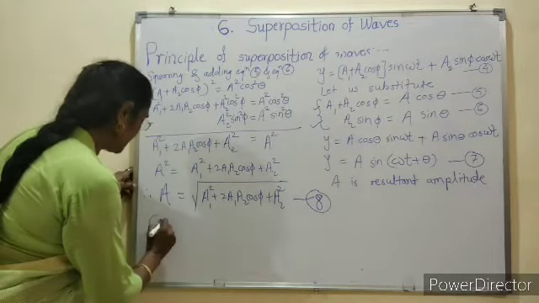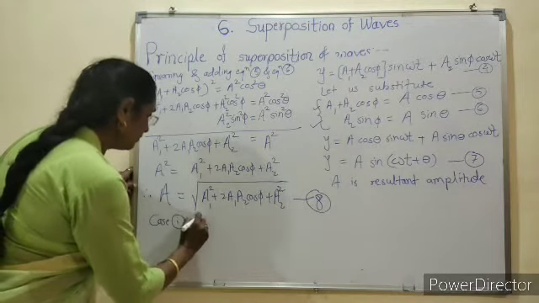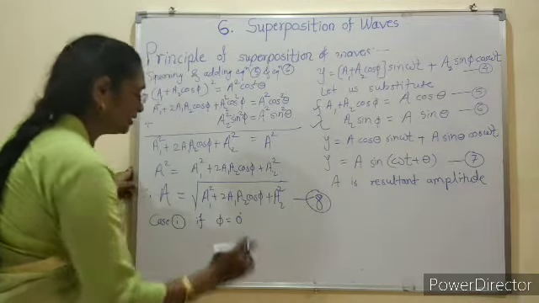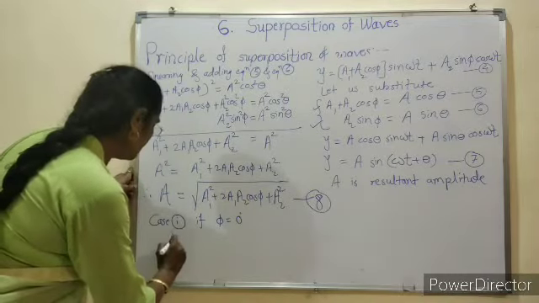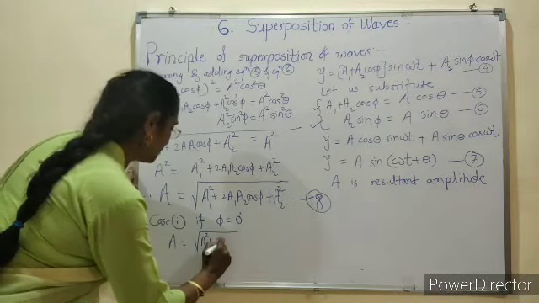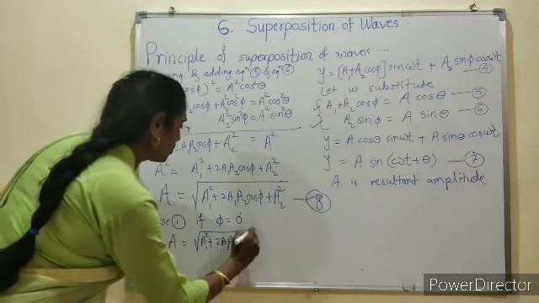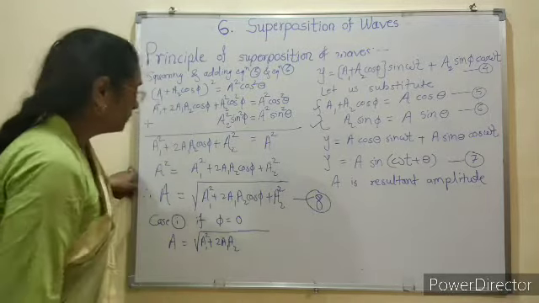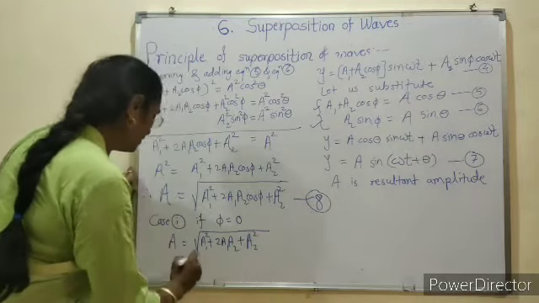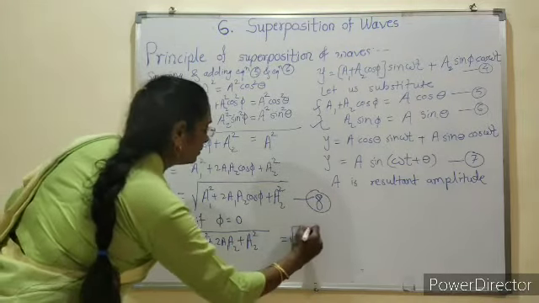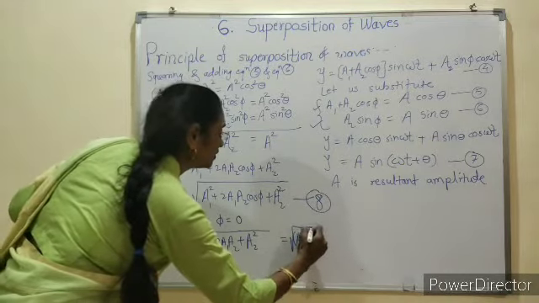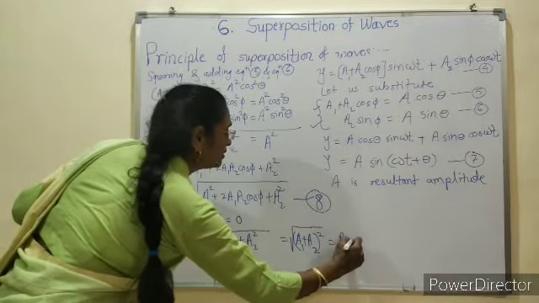We consider case 1. If phi is equal to 0 degree or 0 radian, then A is equal to the square root of A1 square plus twice A1 A2, because cos 0 is equal to 1, and the third term is A2 square. So A is the square root of (A1 plus A2) whole square, which is A1 plus A2.